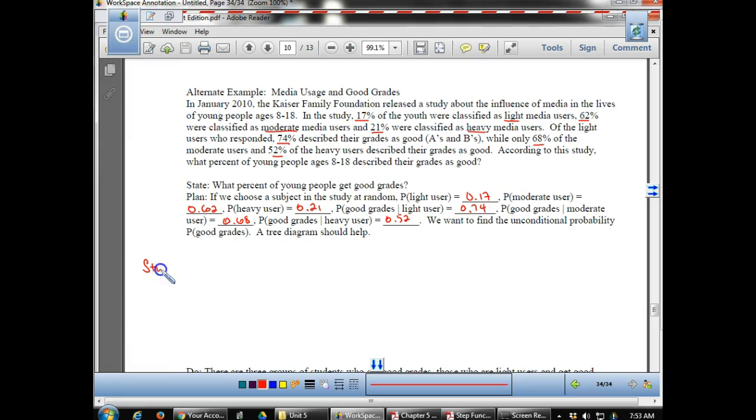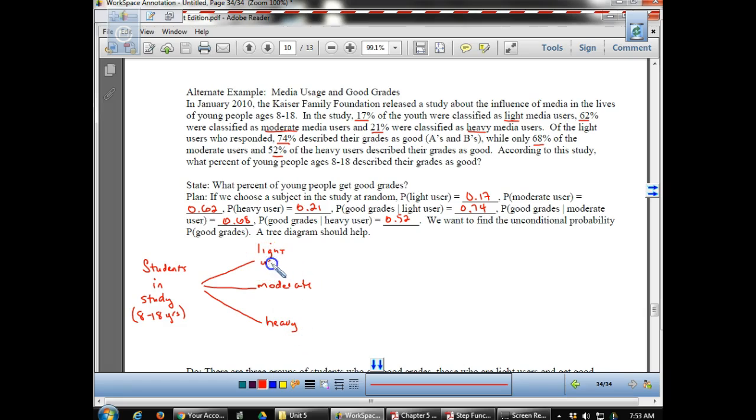So I have my students in the study. They are 8 to 18 years old. And I'm first going to break apart just the probability for light and moderate, and then heavy.